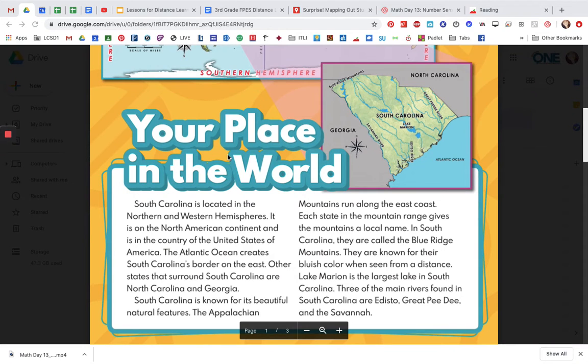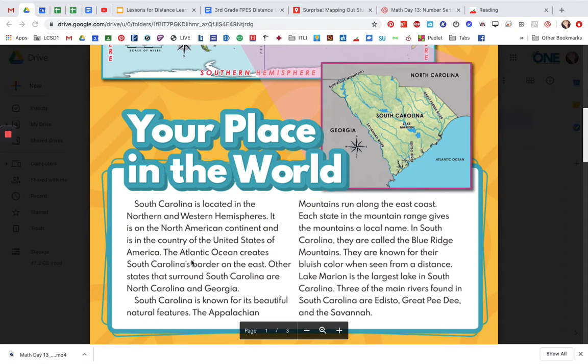Then, what country is South Carolina located in? So you want to list 2 things in number 1, the continent where South Carolina is and the country where South Carolina is. Number 2, what ocean borders South Carolina to the east?